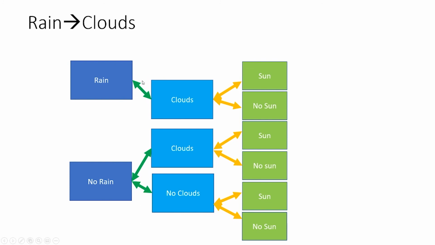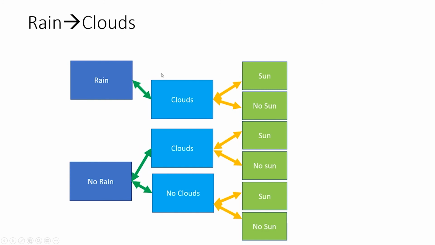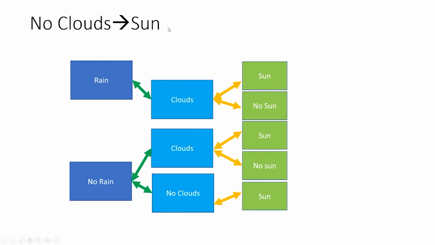Similarly, if we apply the second proposition, so if it's not cloudy, then sun, we know for sure that the combination of no clouds and no sun is impossible. So no clouds means it's sunny, so we can take away that other scenario. And this is the remaining. These are the remaining possibilities if we apply both the first and the second premise.